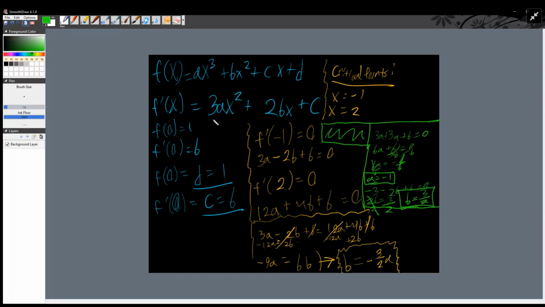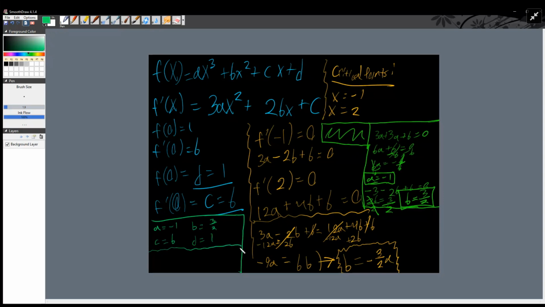Look right there, we're able to solve for A, B, C, and D. And down here in our final color, we have A equals negative 1, B equals 3/2, C equals 6, D equals 1.